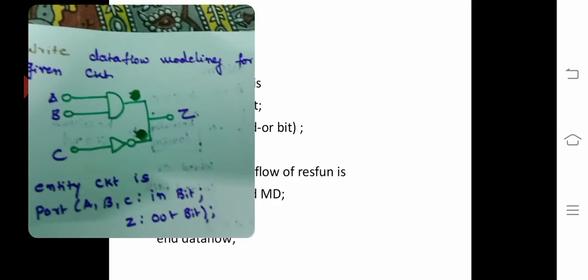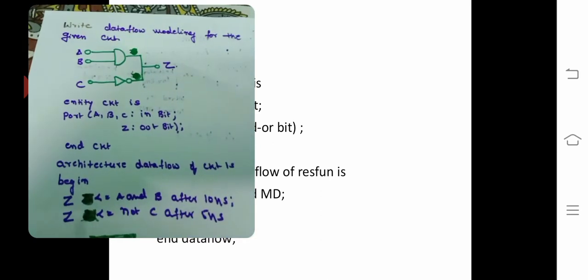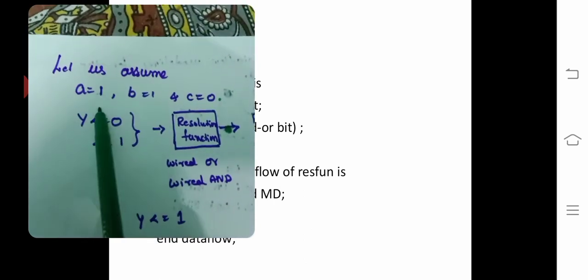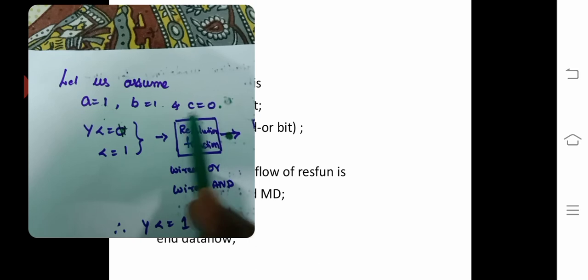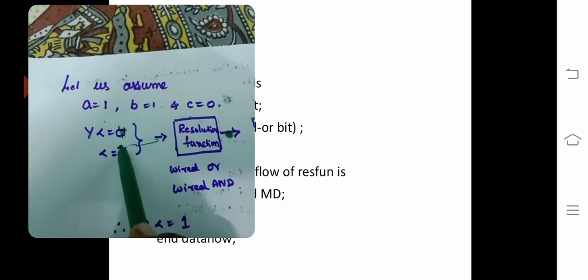According to your circuit, the first one is the AND gate, that is y is equal to a and b, and the other is not of c. So the first one is y is equal to a and b. What is a and b? A and b is 1 into 1, that is 1, and next, not of c is also 1.